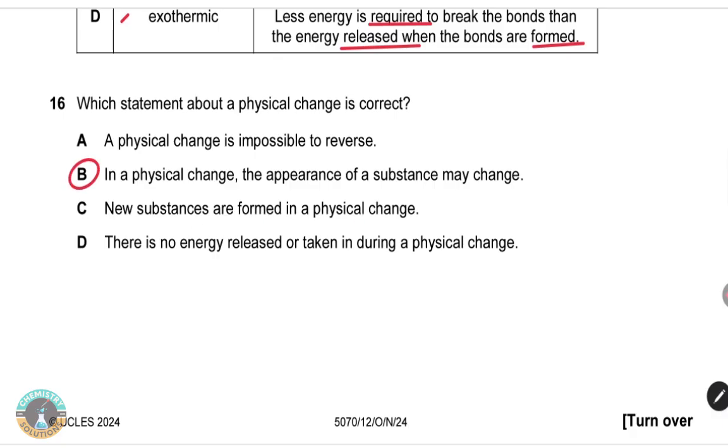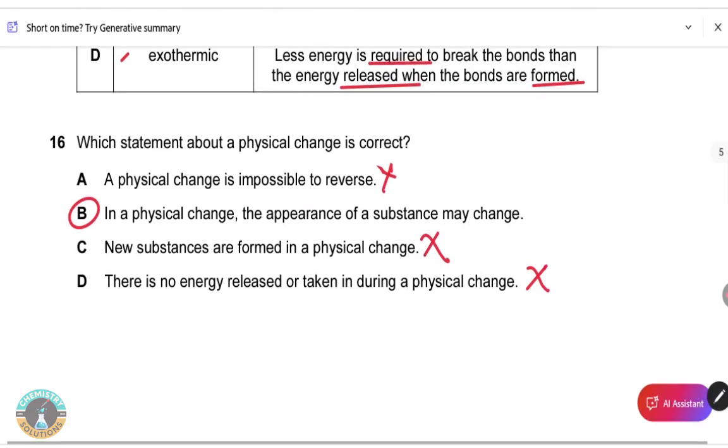New substances are formed? No. There is no energy released or taken in during a physical change? No, melting and boiling are all physical changes, but we cannot say that energy is not being released or absorbed. So this option is wrong. These are the wrong options. B is the correct option.